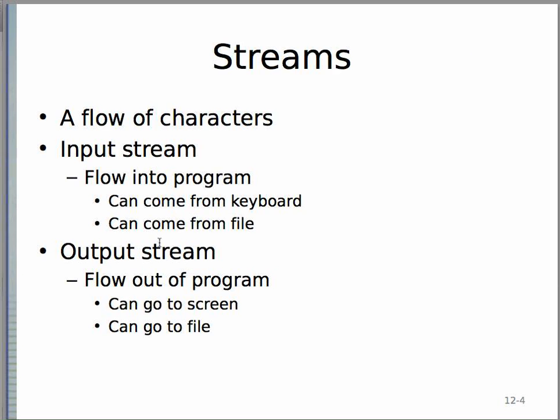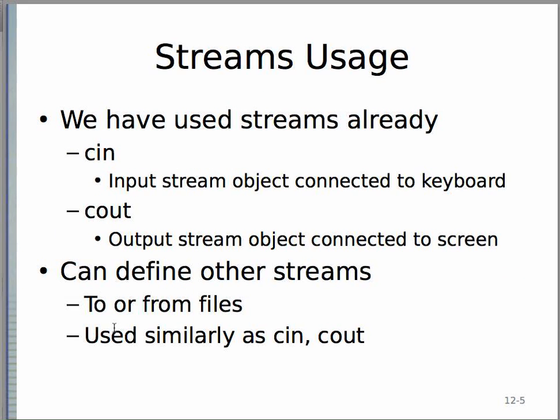An output stream flows out of a program, so memory or objects flow out of a program, and so far we've been using cout. That's going to the screen. Now we will start looking at how we can get objects from our program to go to a file. And it turns out there's not a whole lot of difference. Once you get used to setting up input and output files, you're pretty much set.